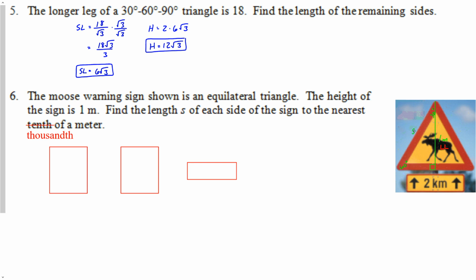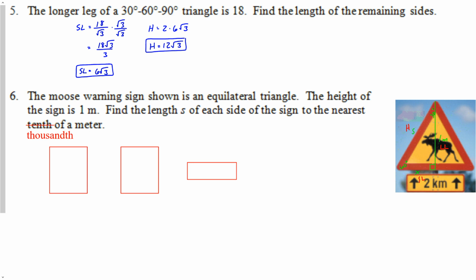This side length, this S that we're told to find, is our hypotenuse because it's opposite the right angle. So we actually can't find what the side length is right away because we first have to figure out what that short leg is. So in this case, I just call this X. I have to first find that short leg before I can find the length of the hypotenuse.